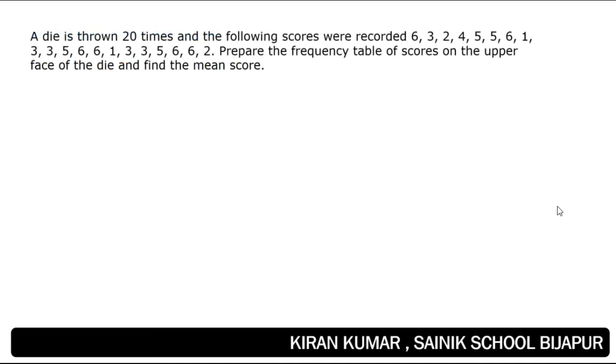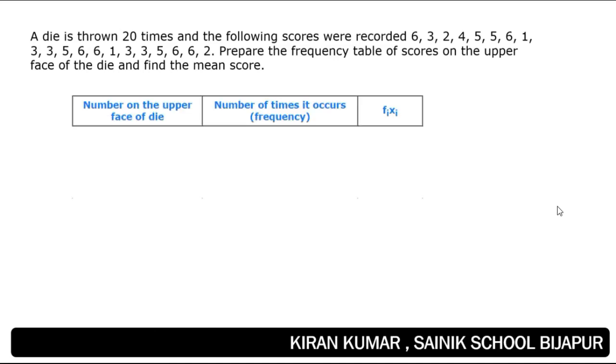A die is thrown 20 times and the following scores were obtained and recorded. Prepare the frequency table of scores on the upper face of the die and find the mean score. For that, I'll make a tabular column.